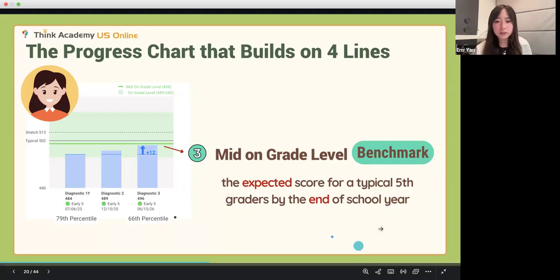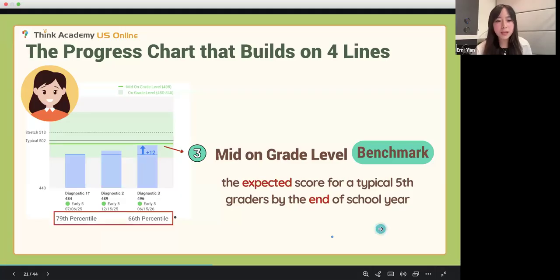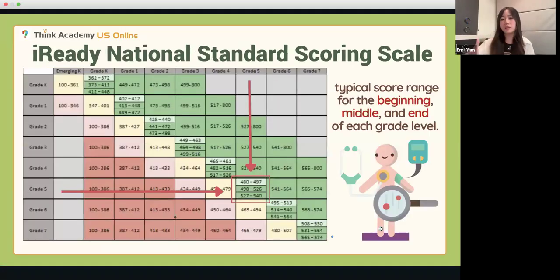All right, so if you look at the percentile, you can determine how your kids are doing. But if you just got that report, you're not sure what a score means, right? For example, if your school only gives you a score, how would you determine the percentile? So this time you're going to look at this graph. This graph is the iReady National Standard Scoring Scale.